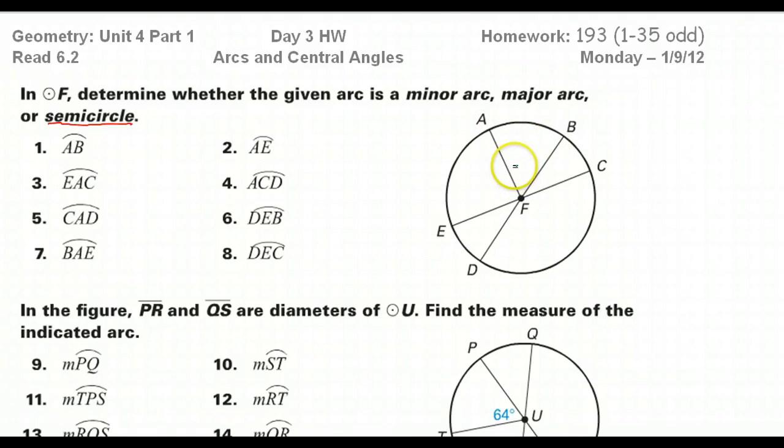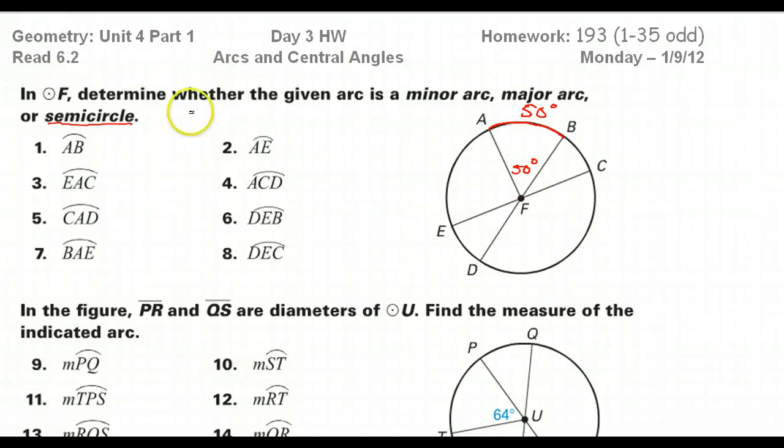So for example, say this angle AFB was a 50-degree angle. Then we would say that arc AB was a 50-degree arc as well. So the degree measure of the arc is the same thing as the degree measure of the central angle that it goes with.